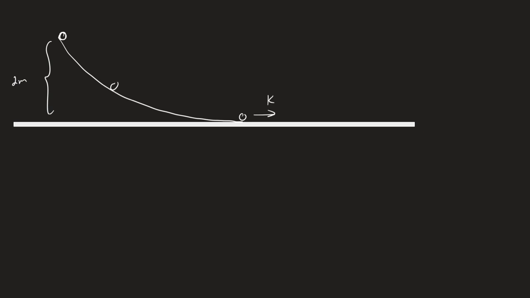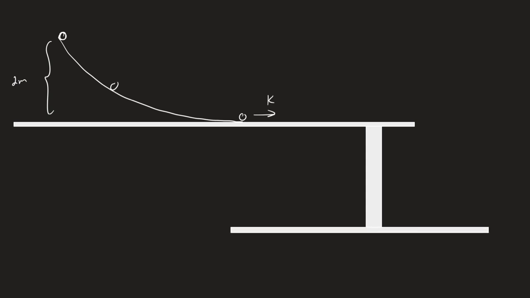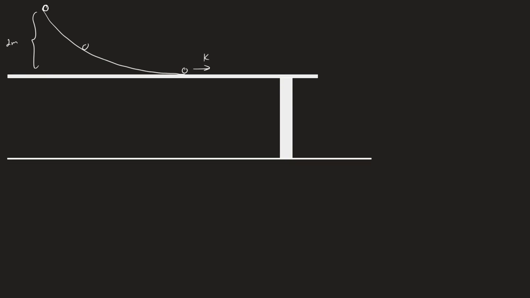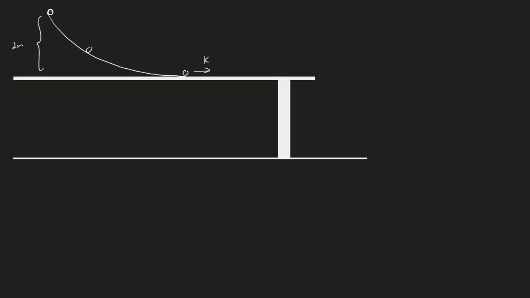So let's say this whole thing is on a table. The ground is down here someplace. And I ask you, how fast is the ball going at the bottom of this ramp? Well, this problem might not be as hard as it seems. I want to show you how to solve this problem.